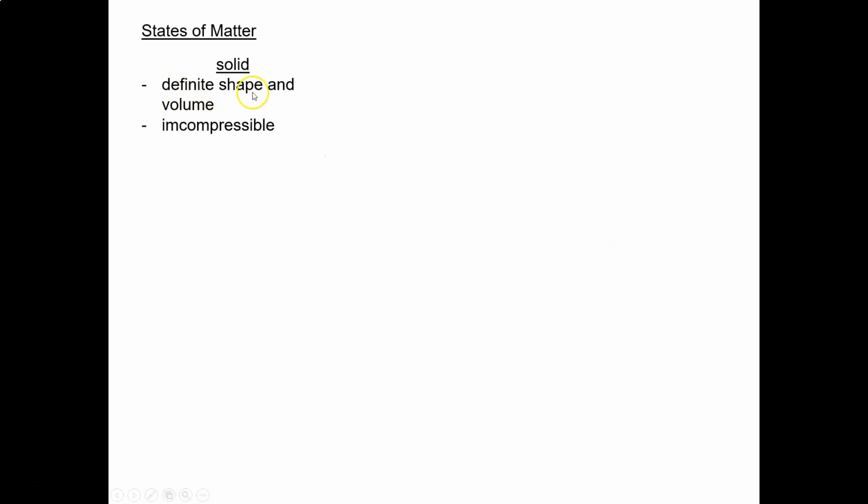Solids always keep their same shape. If you don't do anything to them and you just leave them there, they are not going to change shape on you, right? Therefore, that makes them a solid. Also, their volume doesn't change.